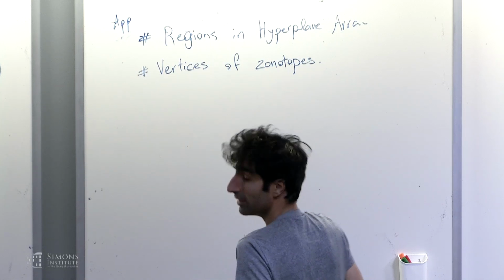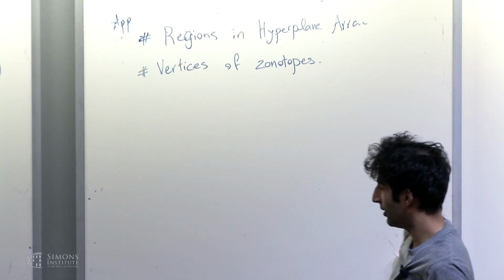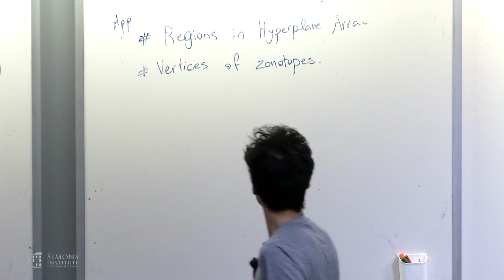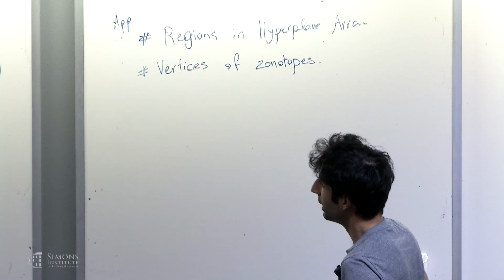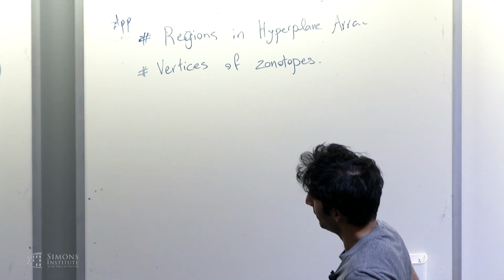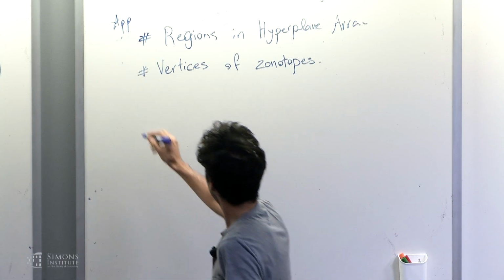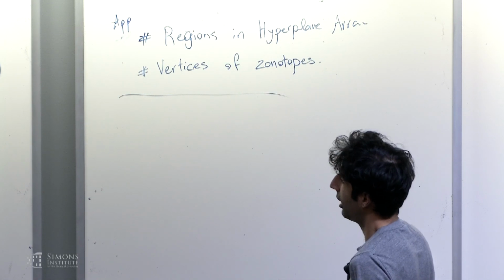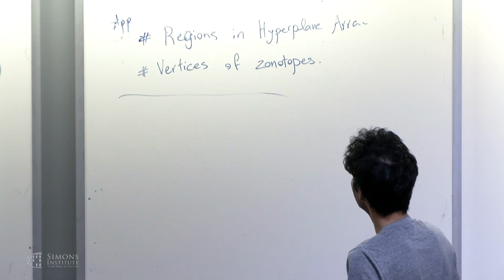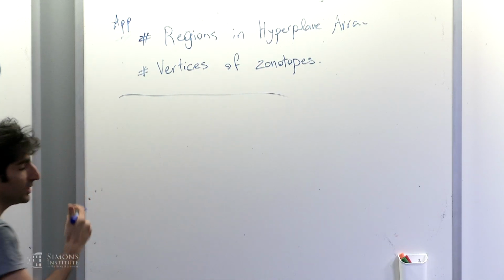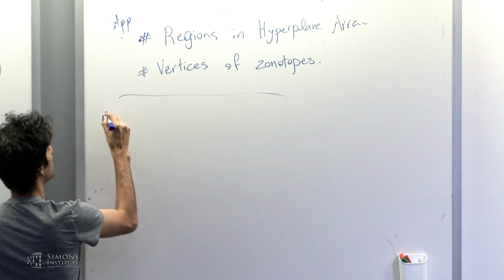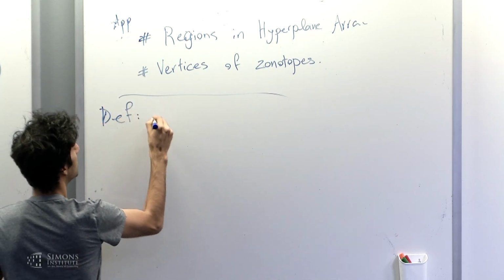Yeah, so these are some applications. Now, let me tell you what an unbroken basis is. So it's the following: you order the elements of the matroid by some arbitrary order. So choose an ordering. Let me give the definition of an unbroken basis.